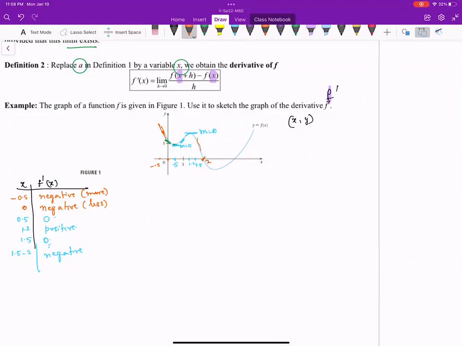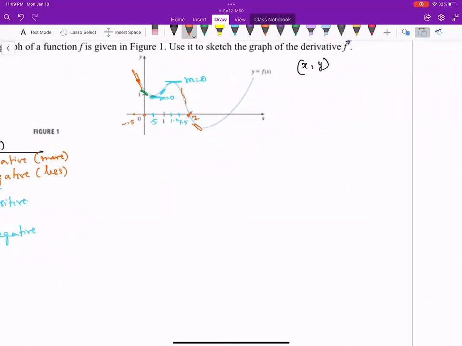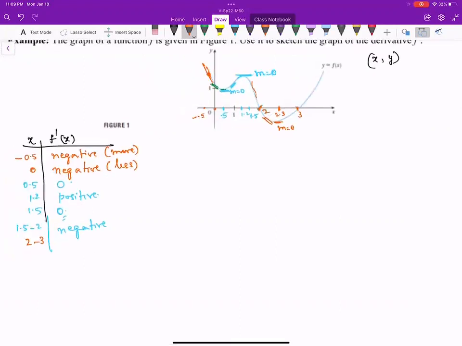After 2 also, if you notice, the slope is going to be negative between 2 and 3. Between 2 and 3, the slope is negative. So at roughly 2.3, the slope becomes 0.